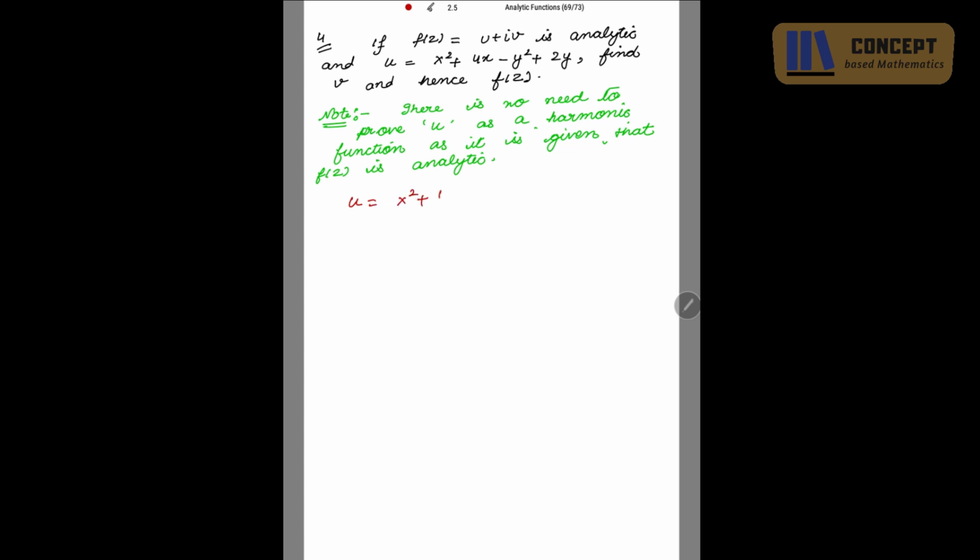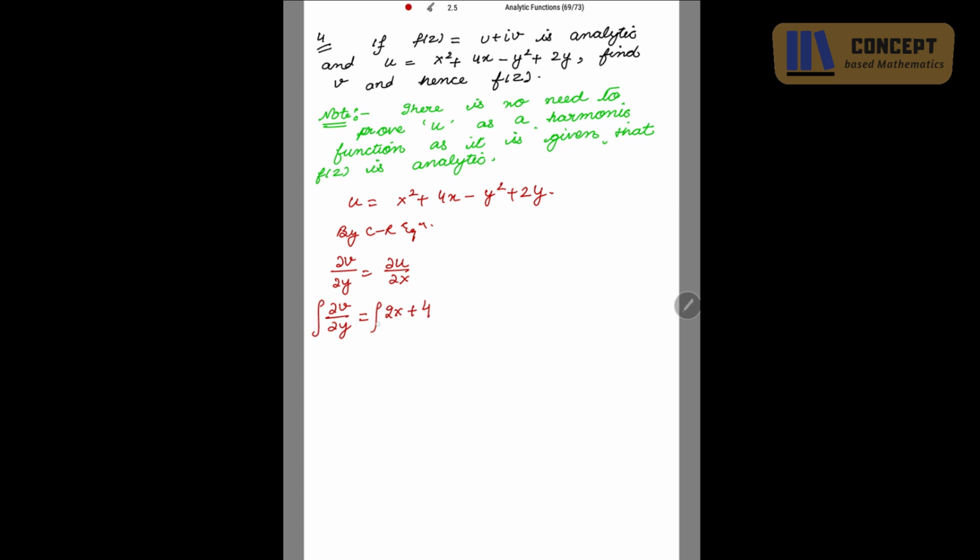So what is your u? U is x square plus 4x minus y square plus 2y. We just find v over here. By using the CR equations, the first one is del v over del y is equal to del u over del x. So del v over del y is equal to, differentiating u with respect to x, 2x plus 4, that's it.